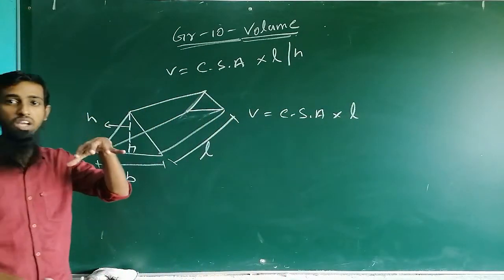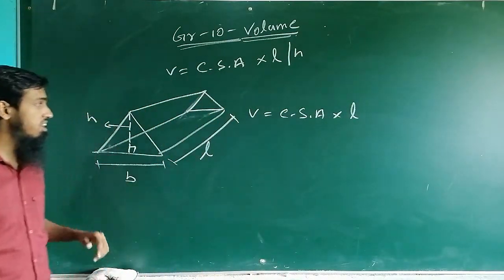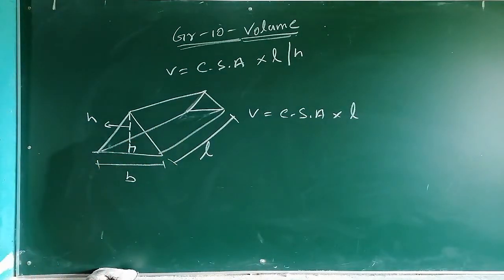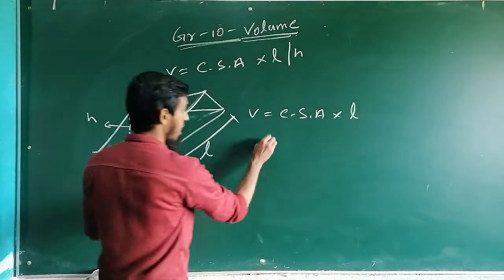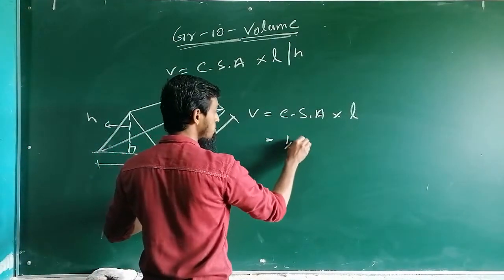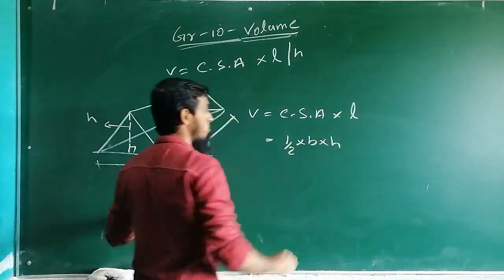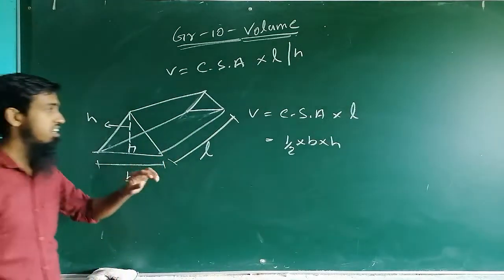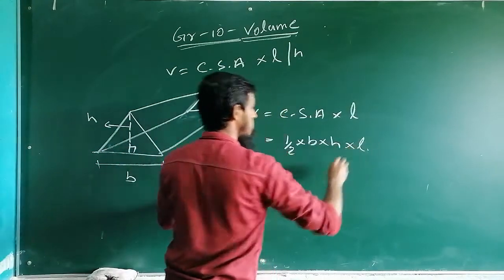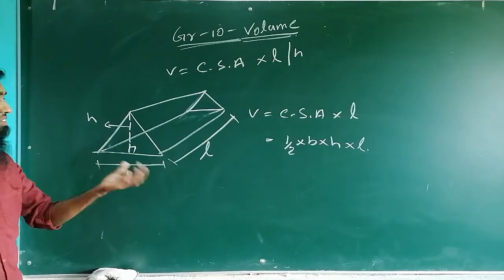For a cylinder, we have the height. For a prism, we use the length. What is the cross-section? It's a triangular face, so half into base into altitude, and then the length. Using this equation, we can find it.